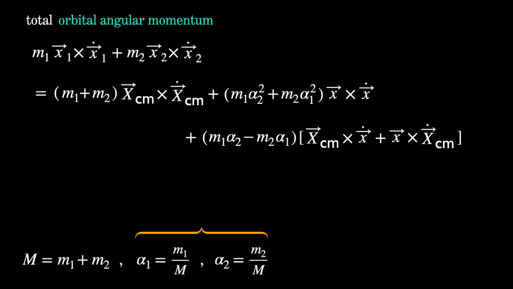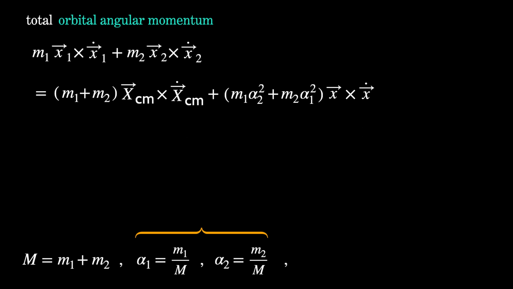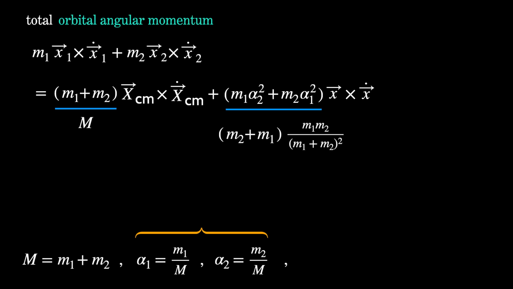From the definition of the alphas, this term is 0. This term is called the reduced mass.